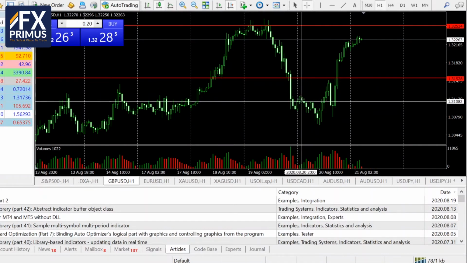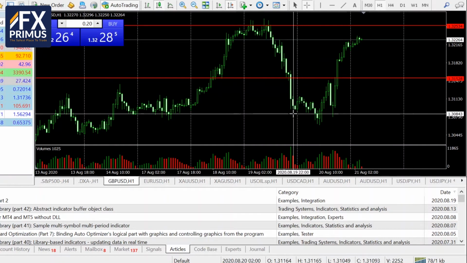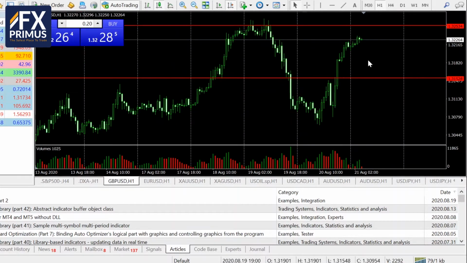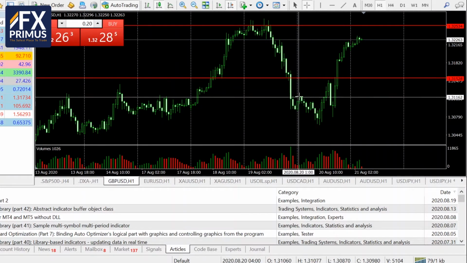On Thursday, yesterday, as the US dollar was in a bullish sentiment, we do see the UK pound initially in the morning session at about 7 a.m. moving down from 1.3116 all the way to 1.3061, moving down 55 pips.